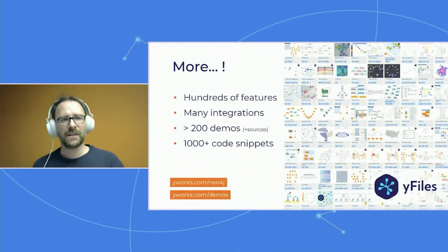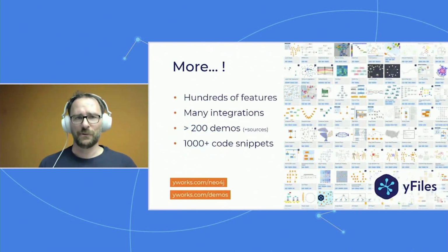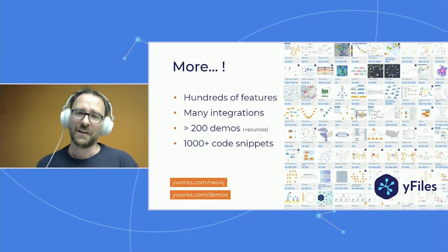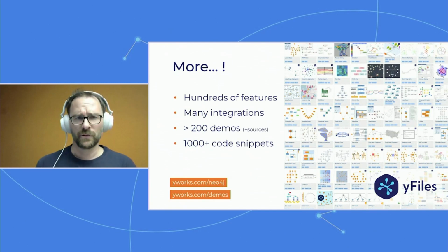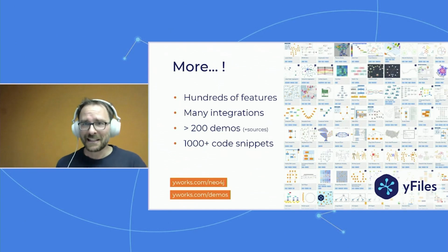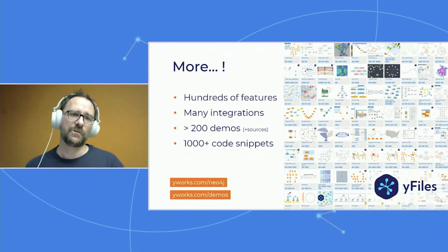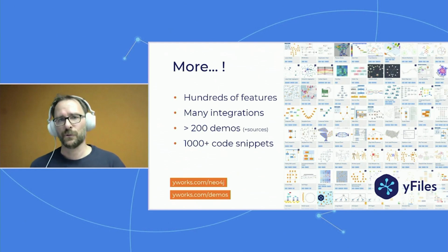But of course, if you take a closer look at the demos that we provide on our website, you will see that even though the app generator can help you a lot with building your app, there's so much more functionality in our software library that you cannot yet, unfortunately, efficiently put together in a visual programming tool like the app generator. It is a wonderful tool to quickly create a proof of concept, sometimes even a minimum viable product.